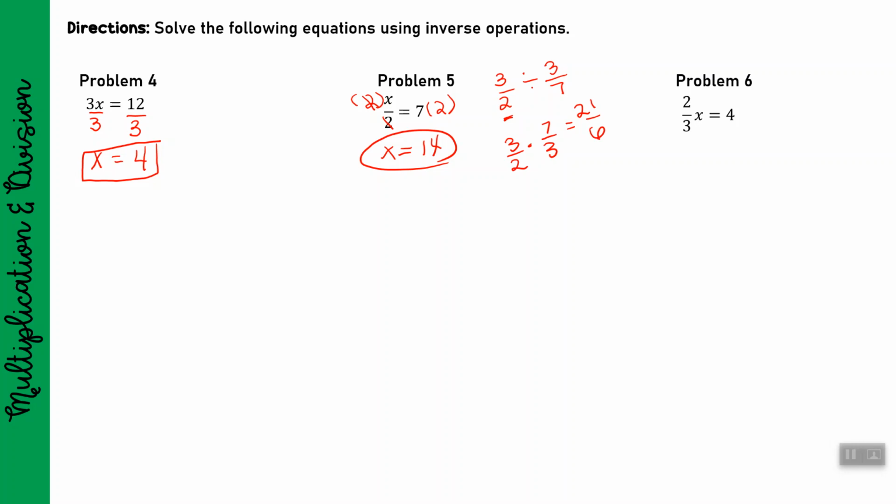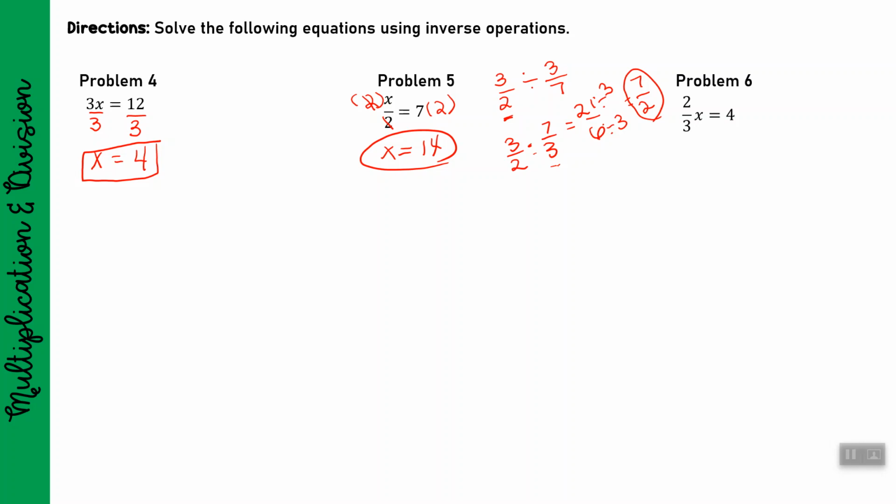We would simplify because these are both divisible by 3, and we get 7/2. So when we divide by a fraction, what we are really doing is multiplying by what we call the reciprocal, or we flip our fraction. I've heard some people refer to it as a refliprical. That helps them remember that you're going to flip it.